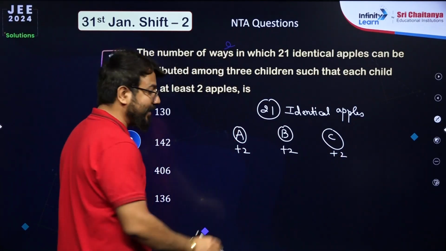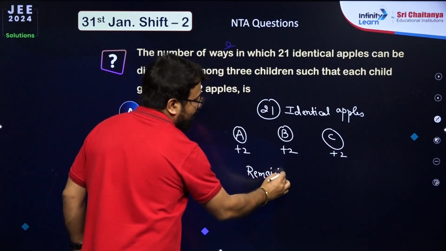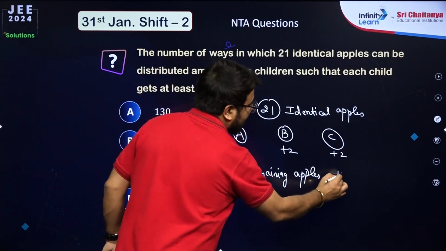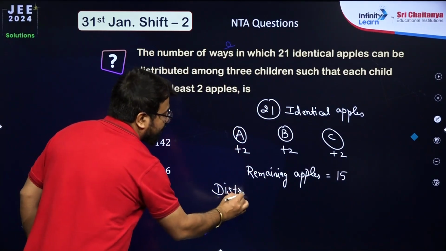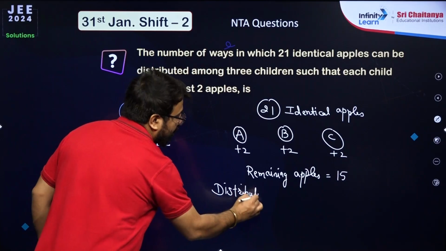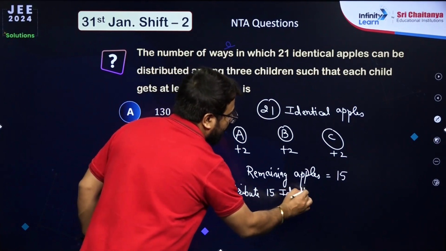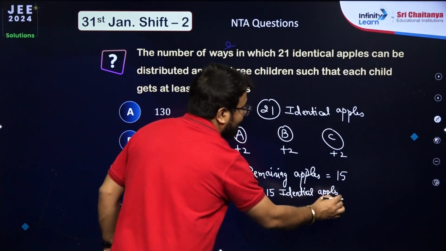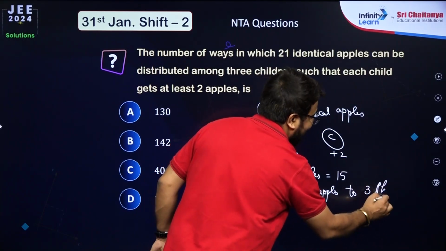How many apples remain now? If you give them two apples each, the remaining will be 21 minus 6, that is 15. Distribute these 15 identical apples now, to 3 children.